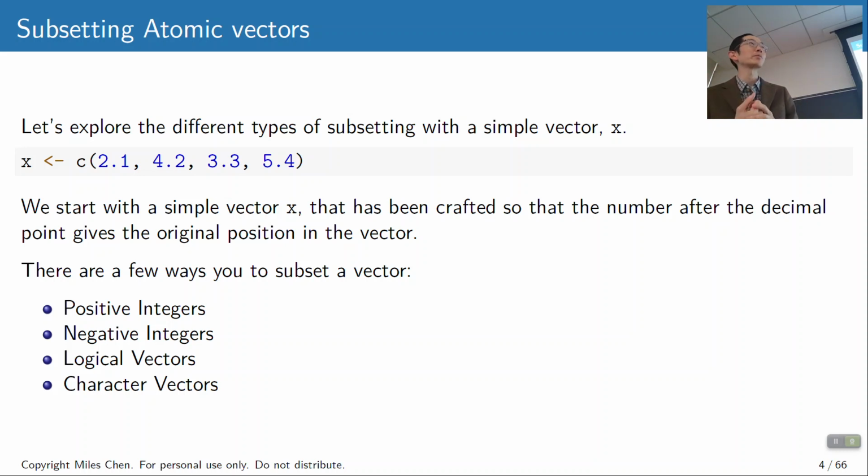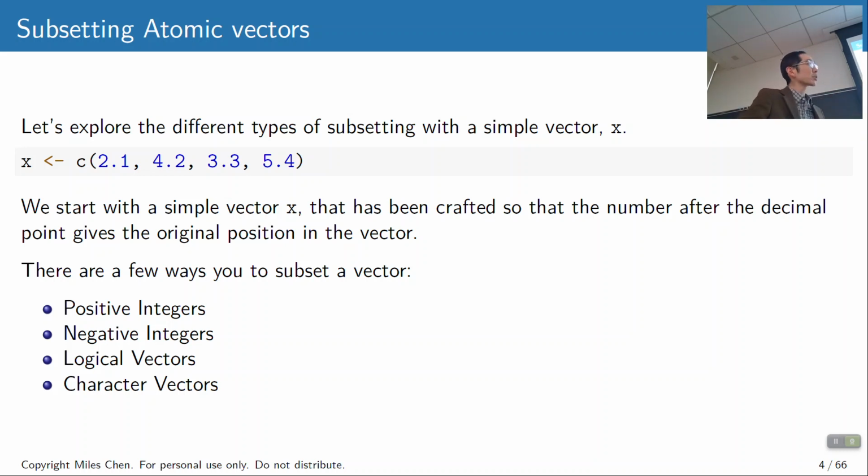You only want to work with the values that correspond to people from California, or values that correspond to people over the age of 65, or something like that.